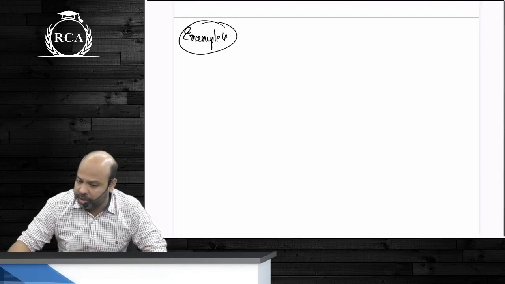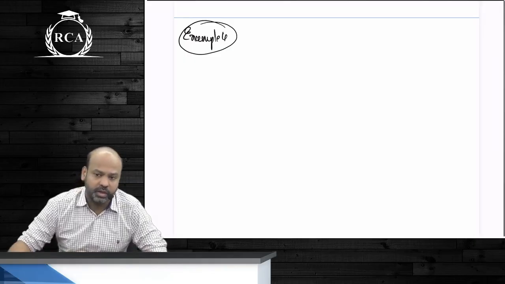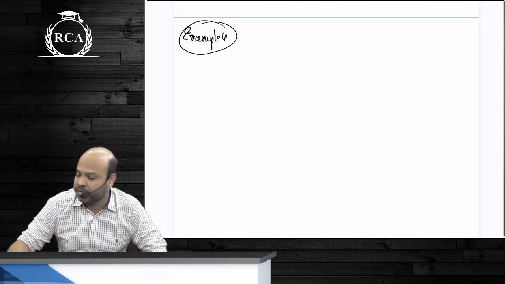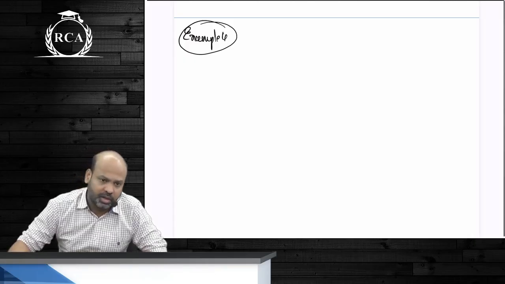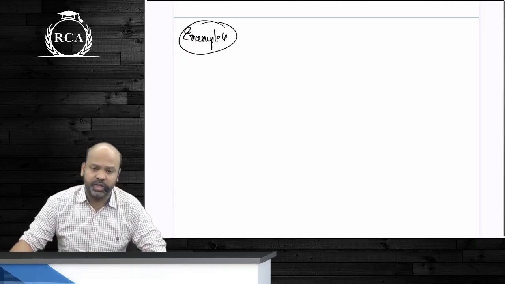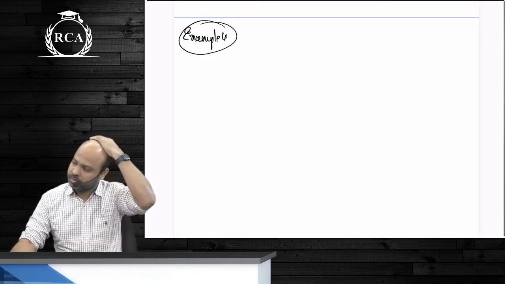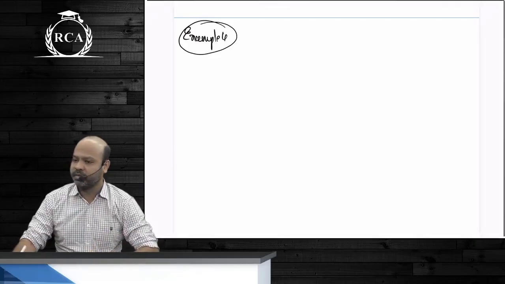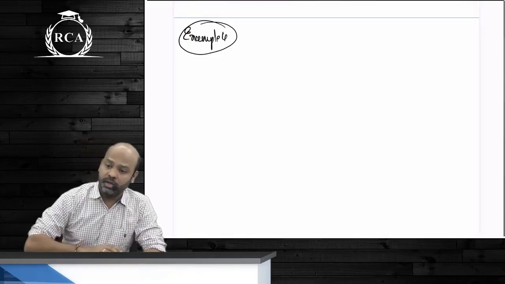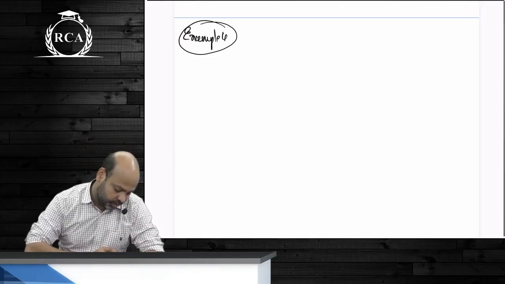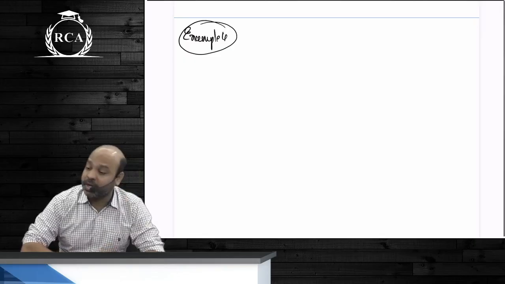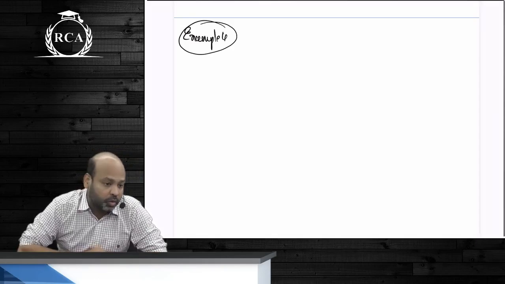The degree of completion is material 100%, labor and overheads 60%. Next, scrap has no realizable value.